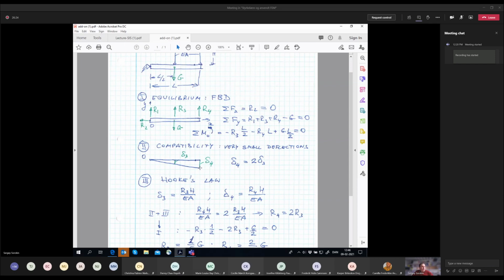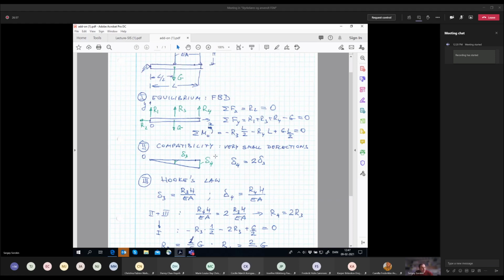Of course, in real life, if we allow large deformations, then it's obvious that this element will rotate around this point, and then this point will travel on a circle of the radius L12, and this point will be traveling on a circle of the radius L concentric with the previous one. So it will be just arcs here and here.